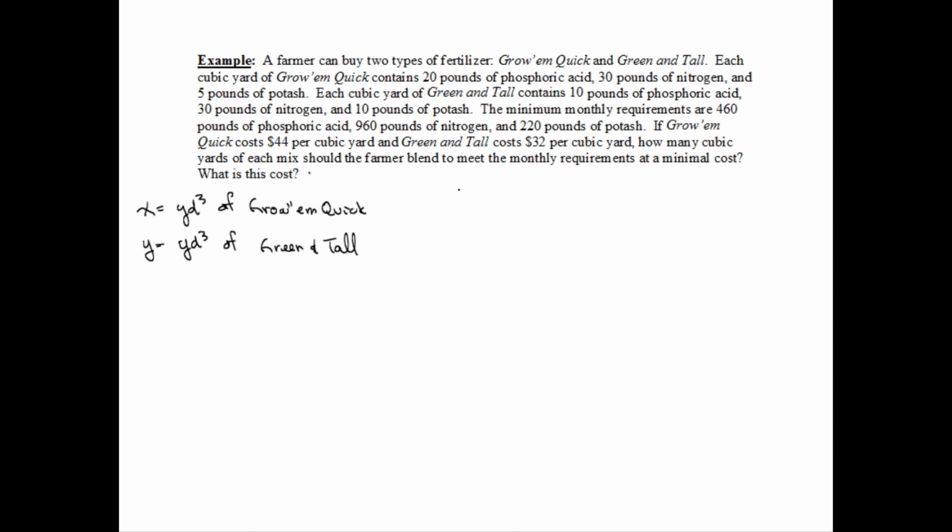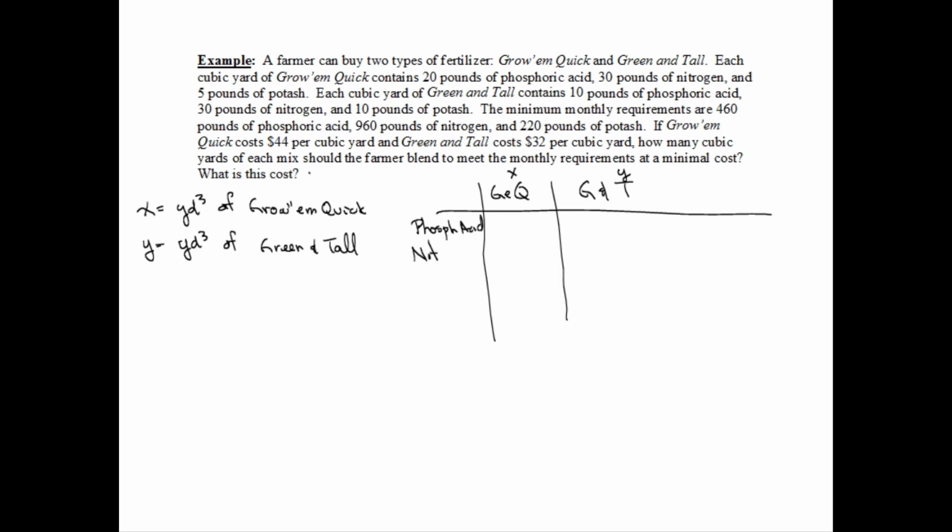We can make a table that summarizes the information for Grow 'em Quick and for Green and Tall. So x, y, we have information about what? Phosphoric acid. We have information about nitrogen.